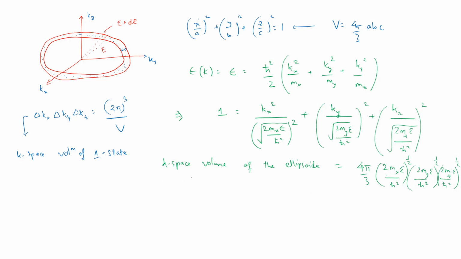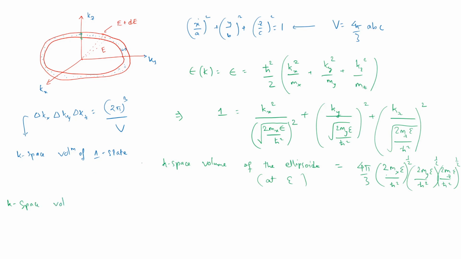But now what we have to do is find, so basically the strategy would be, this is the ellipsoid at E, and what we want to find is the number of states between these two. So we want to find the k space volume.